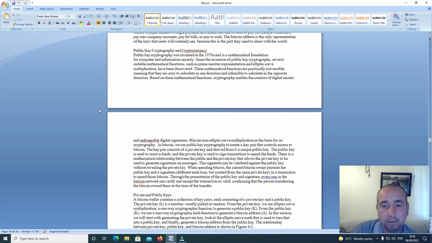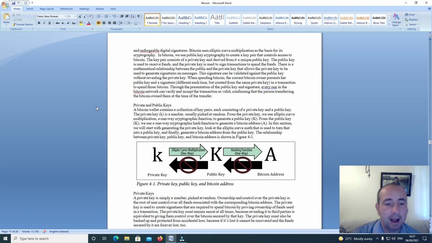These mathematical functions are practically irreversible, meaning that they are easy to calculate in one direction and infeasible to calculate in the opposite direction. Based on these mathematical functions, cryptography enables the creation of digital secret keys and unforgeable digital signatures.